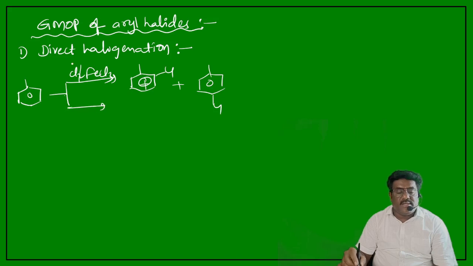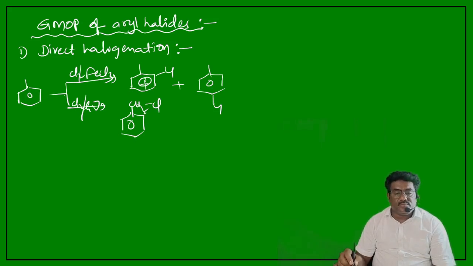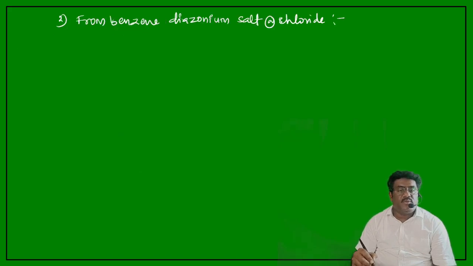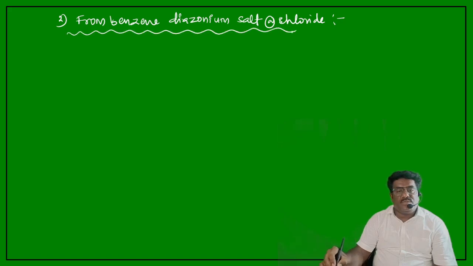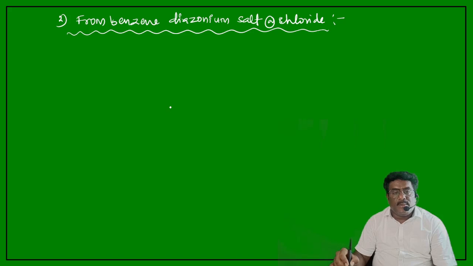Next, from benzene diazonium salt. I am writing benzene diazonium chloride, benzene N2+ Cl-.